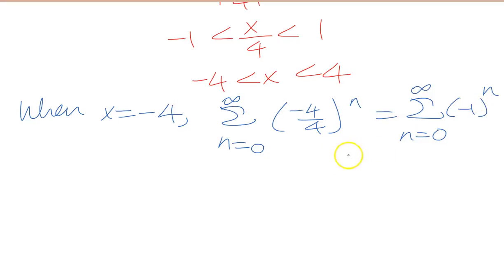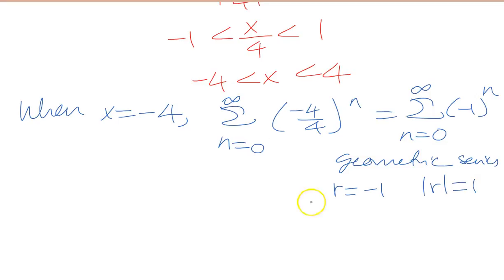What is this? This is a geometric series. So guys, when x is negative 4, the power series turns into a geometric series with r equals negative 1, absolute value of r is 1. And what do we know about a geometric series whose absolute value of common ratio is 1? It diverges.